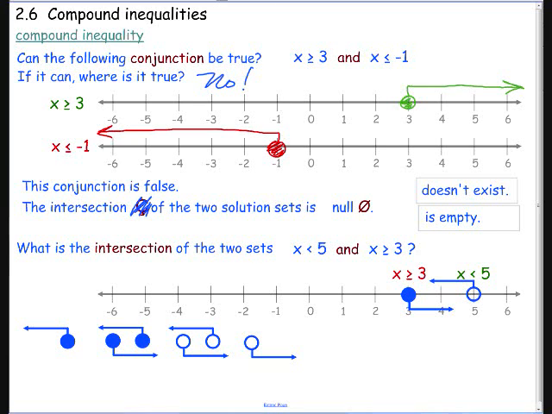So what is my graph going to look like? I'm just going to grab a highlighter. It's going to be from here to here and including this. That's going to be the intersection of those two sets. That is where my conjunction is true.